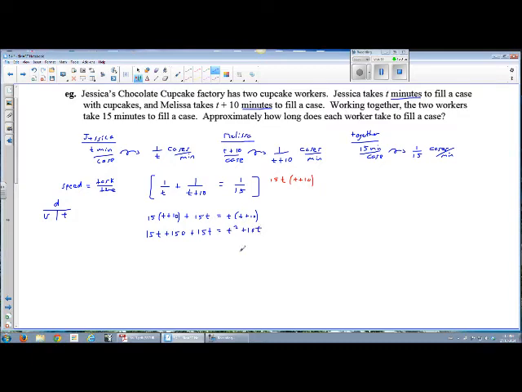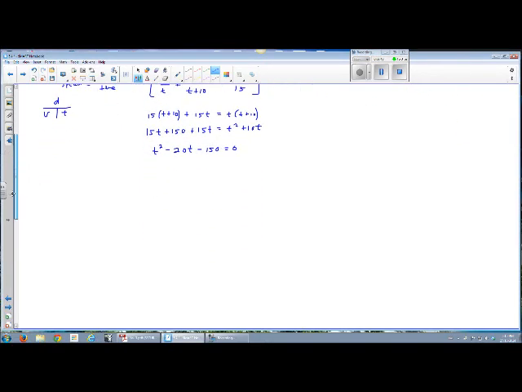Then I'll get all the terms to one side and get it equal to 0, so that ends up giving me, after a couple steps, t squared minus 20t minus 150 equals 0. Okay, so we've got a quadratic there. I don't think I'll be able to factor that, so I'll just scroll down a bit here. I want to solve for t, so I'll put it into the quadratic formula.